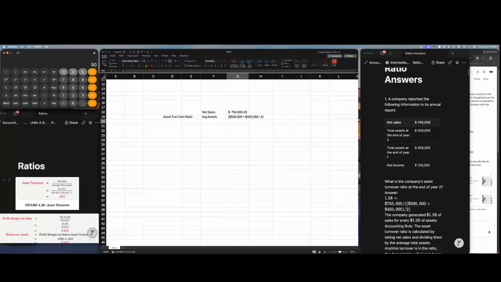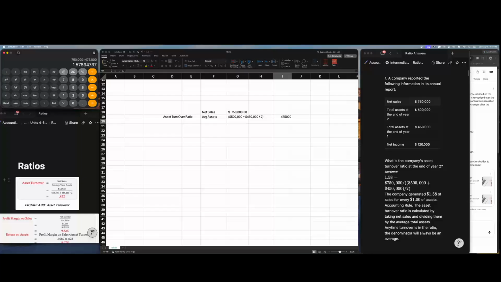So 500 plus 50 divided by 2, 475 over 0. So the asset turnover ratio is 1.578.